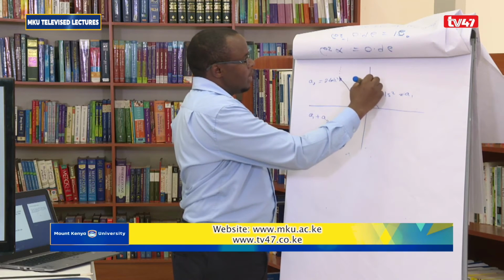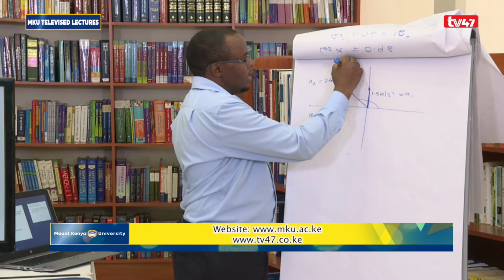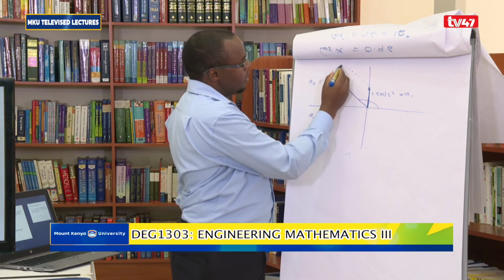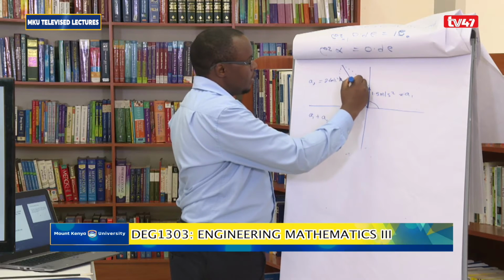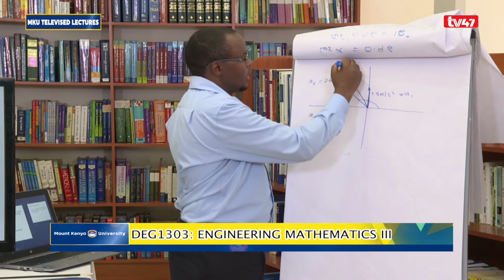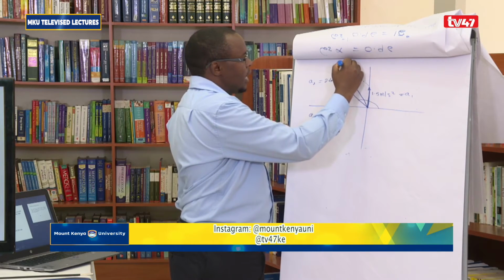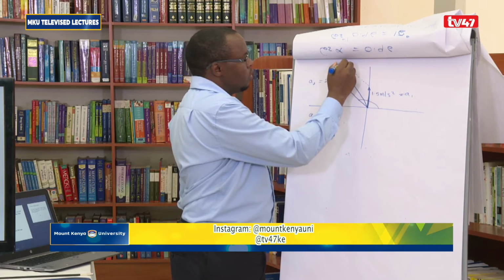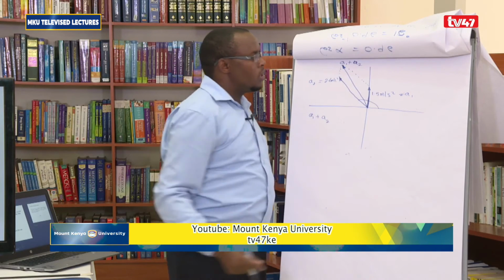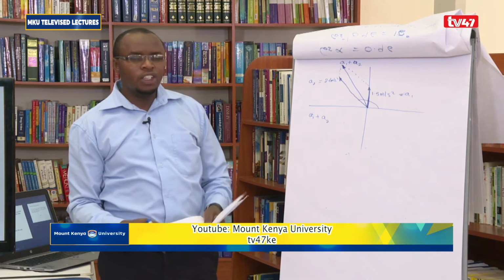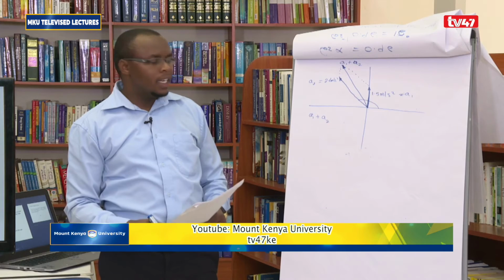This side should be equivalent to this side, and this side equivalent to this side, and therefore you get the longer diagonal there, which will be our resultant. So this is our resultant of the vector addition, A1 plus A2.